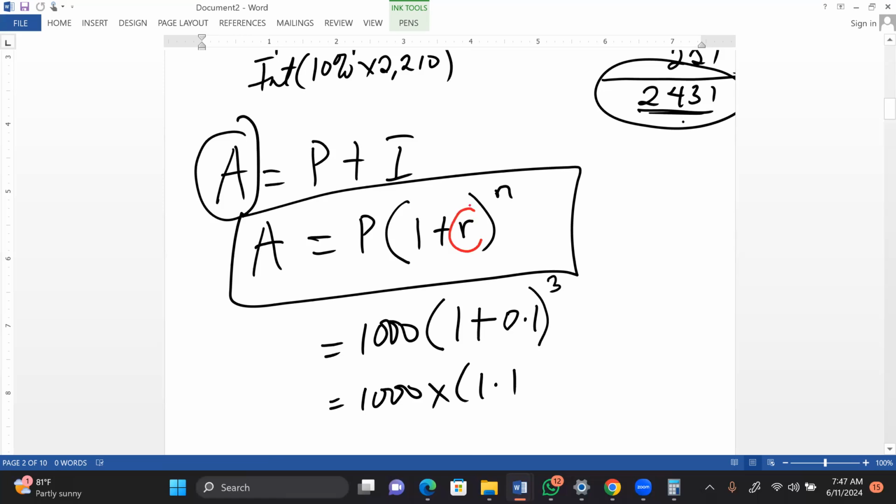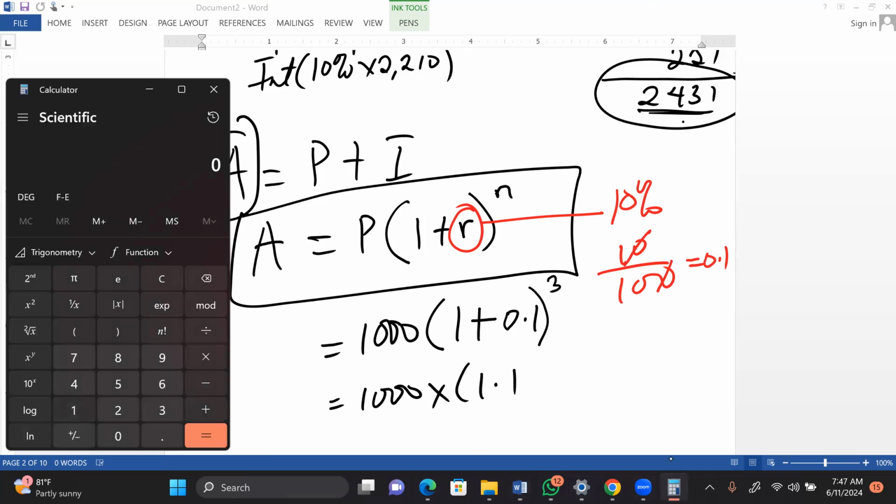So this rate you are seeing here is the 10%, which is 10 over 100, right? You can do it in this way, 0 cancel 0. So this will give you 0.1. Agreed? Or you come with your calculator, 10 divided by 100. This gives 0.1. That's how I got the 0.1.